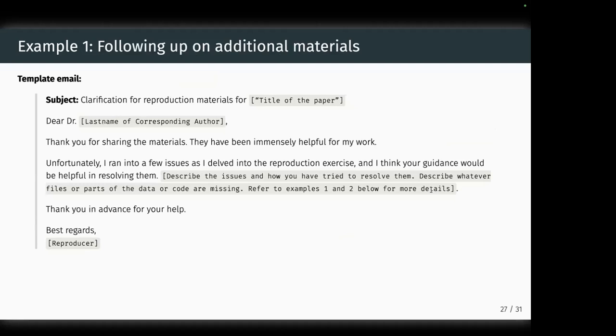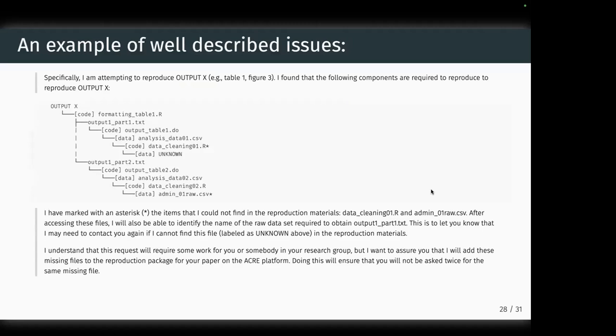And like this, we have many examples. Say that they respond to you and they give you a zip file and say, hey, here are the materials. And then you want to say, hey, the file that you gave me has some missing files. Here are some specific examples. I tried to do this. I built this reproduction tree, but I still cannot find this file that is mentioned in your script.